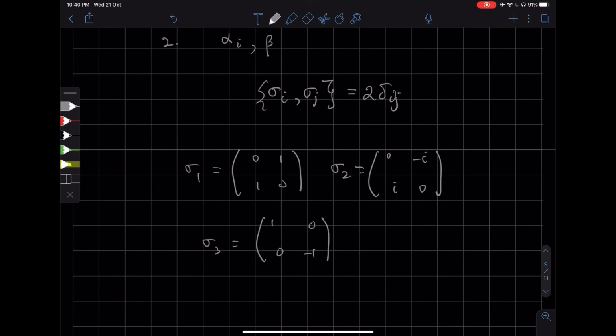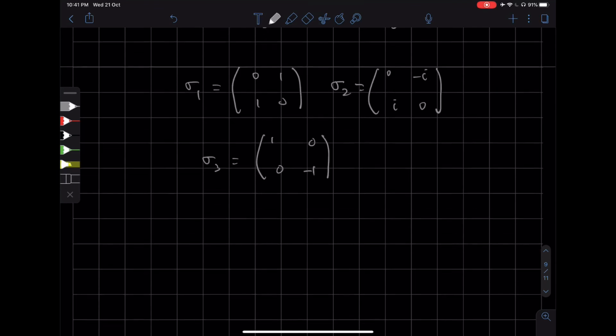Now, what Dirac found was that the lowest dimension in which he could find 4 matrices which satisfy the Dirac algebra are the following matrices.